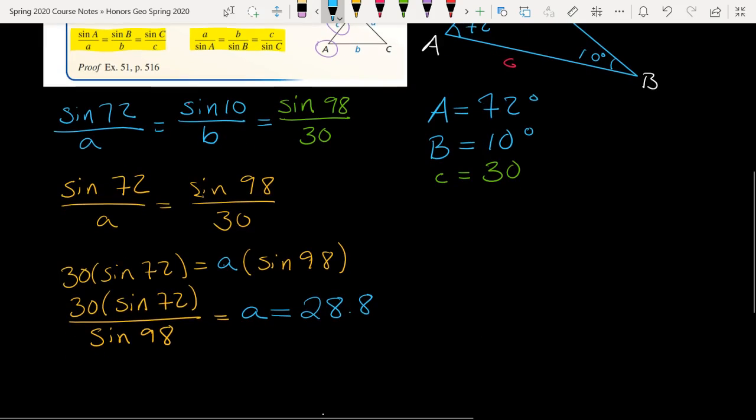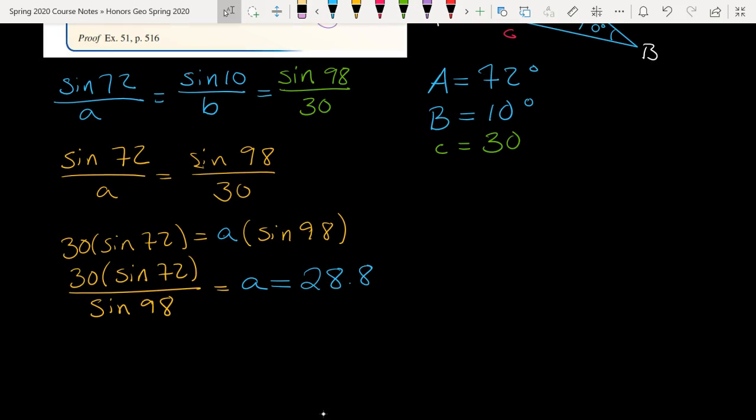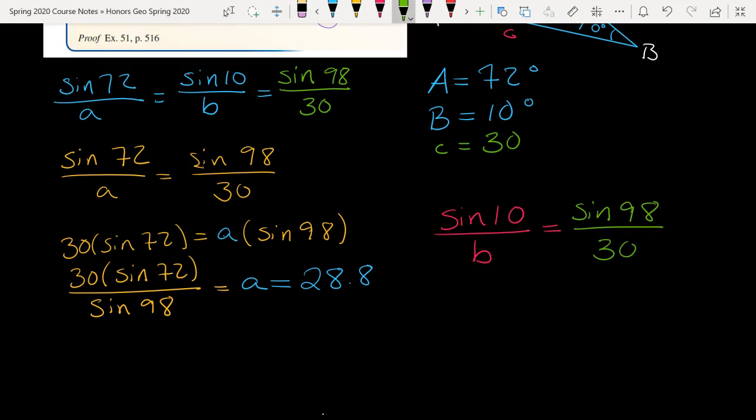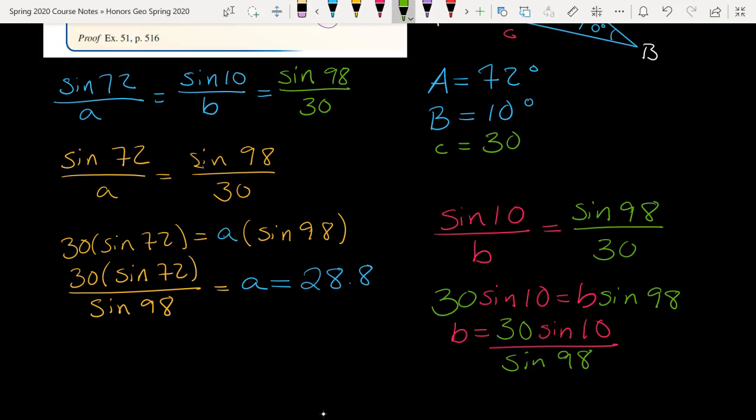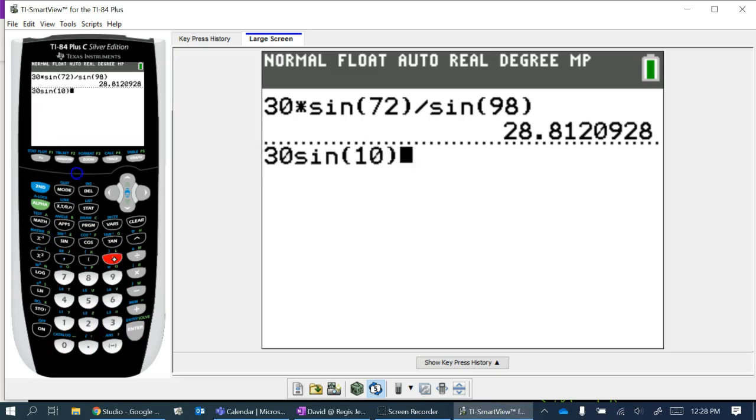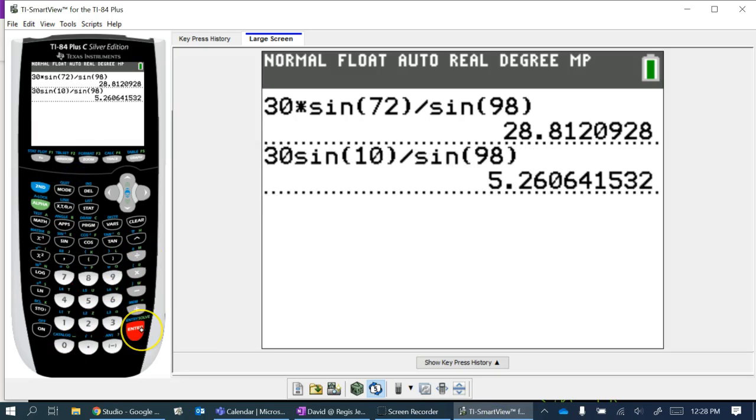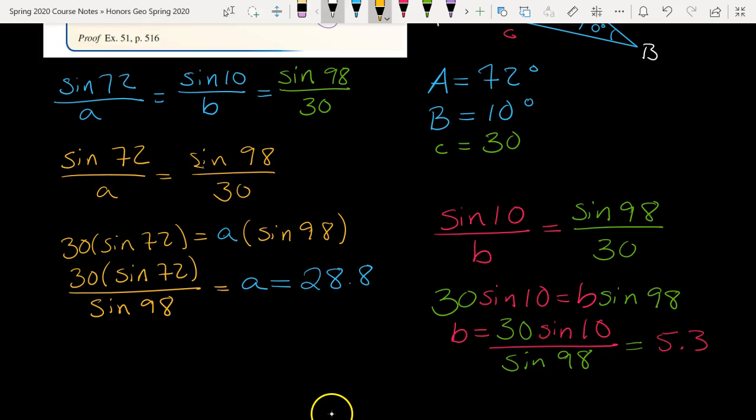Now we can do exactly the same thing to solve for B. Let's set up our proportion. Let's cross-multiply, go to our calculator and solve. That gives us about 5.3.